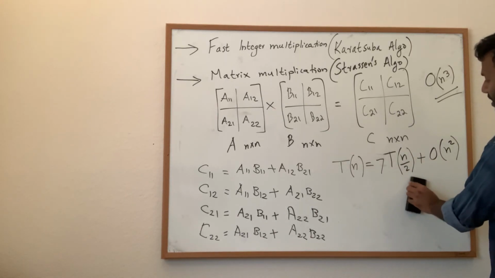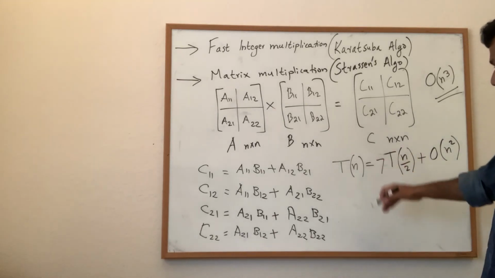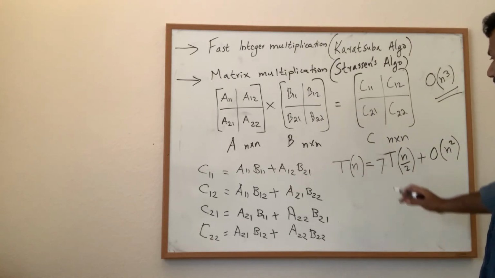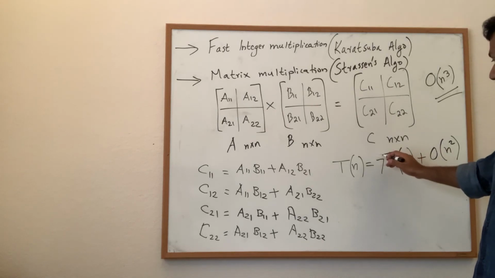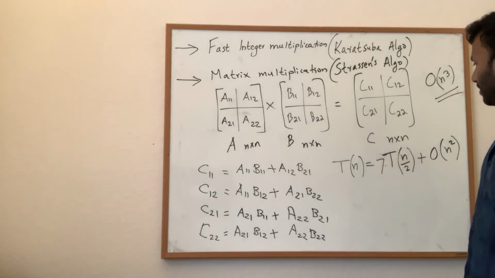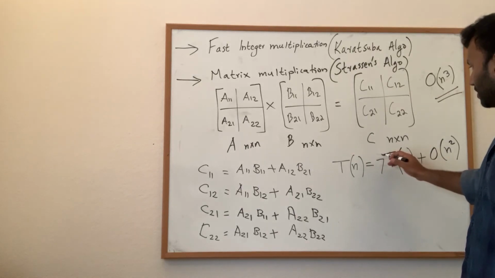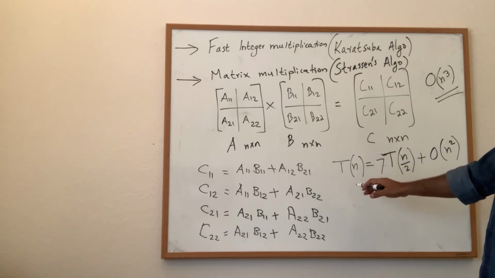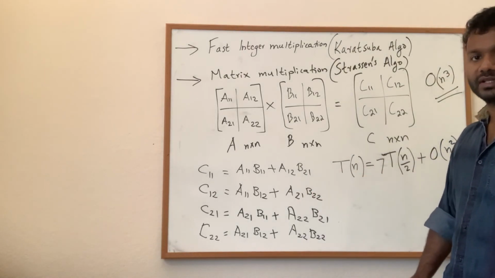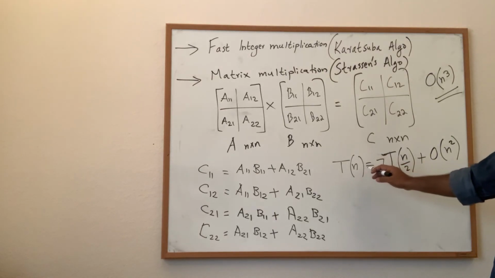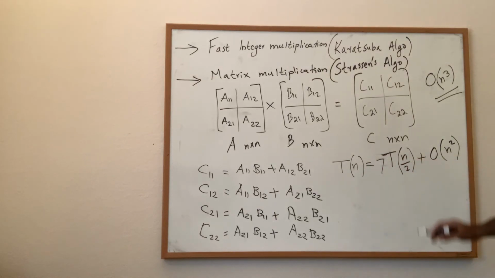Okay, I'm not going to show the details. You can have a look at the textbook to see how exactly he did it. It is pretty complicated. I don't know how he came up with this, but it's very easy to verify, but hard to explain the intuition. But anyway, he managed to reduce one multiplication. So then the recursion suddenly becomes T(n) equals 7 T(n over 2) plus big O of n square.